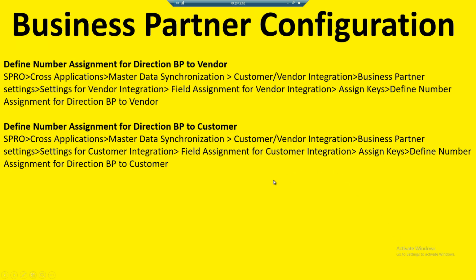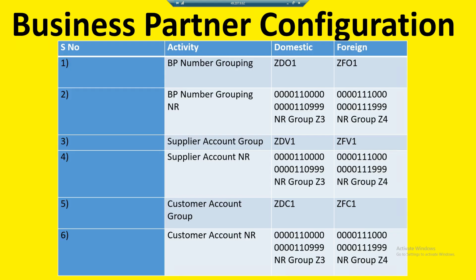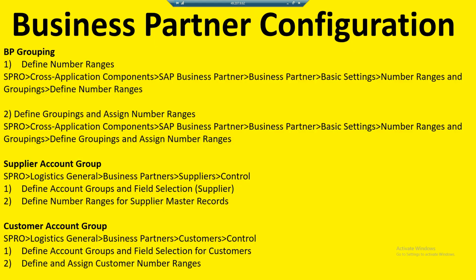So what we have done, just to recap, business partner configuration. Sorry. So let me see. Okay. Here, business partner configuration. We have defined number ranges for BP grouping. And after defining the number ranges for BP grouping, we have defined BP groupings and assigned number ranges to the defined BP groupings. Now we defined supplier account group.